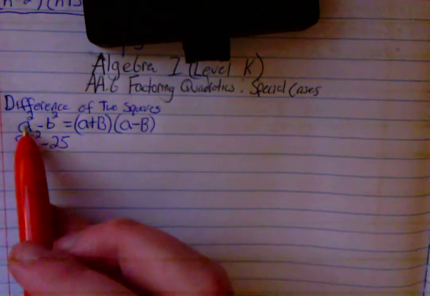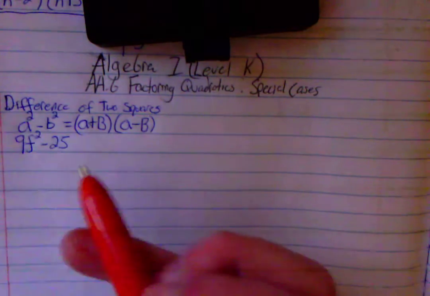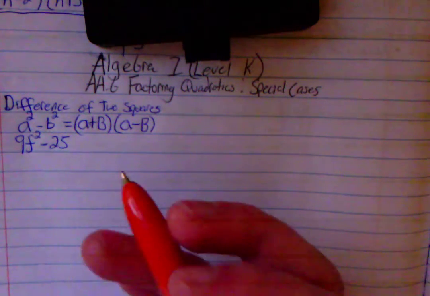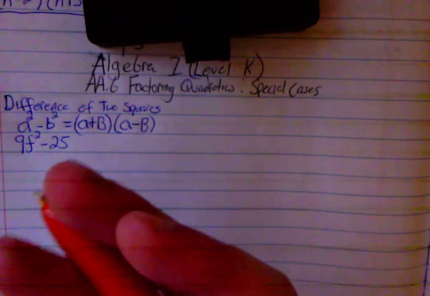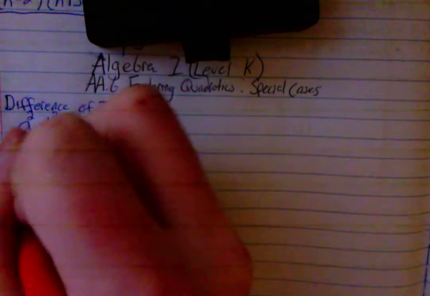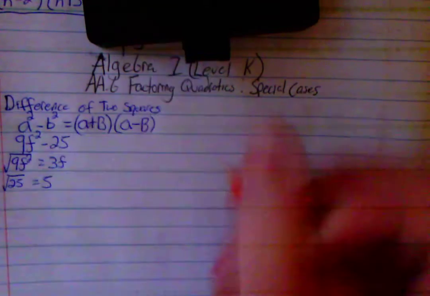Well, here we have a squared. What's the opposite of a squared? The opposite of squaring something is the square root. So if I took the square root of 9f squared, I would get 3f. If I took the square root of 25, I would get 5.